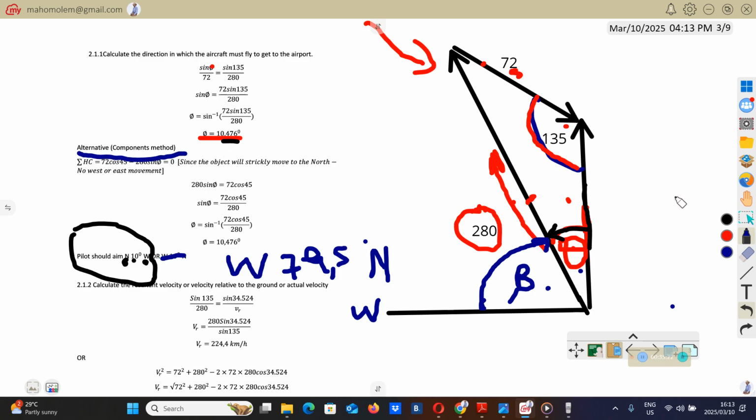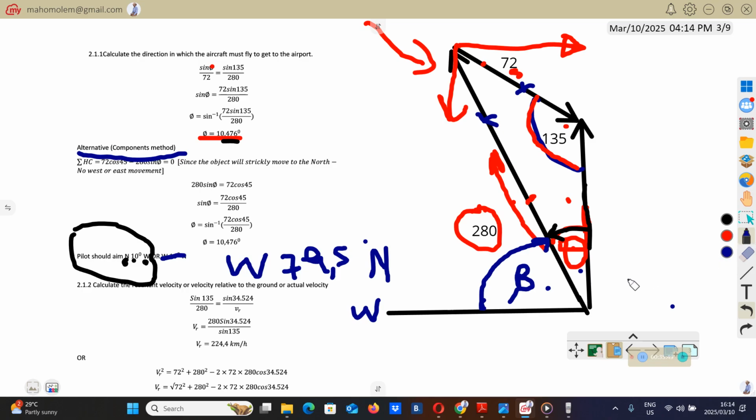We are going to resolve these two, this one and this one, into components. When you resolve this into components, you'll have the horizontal component of the wind like that, then another component like that for the wind.